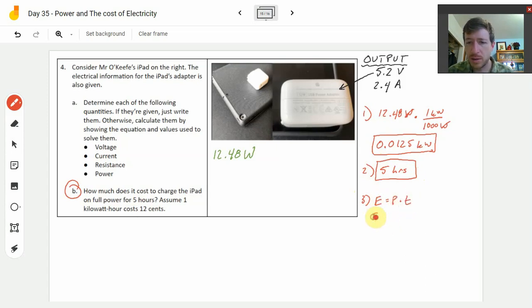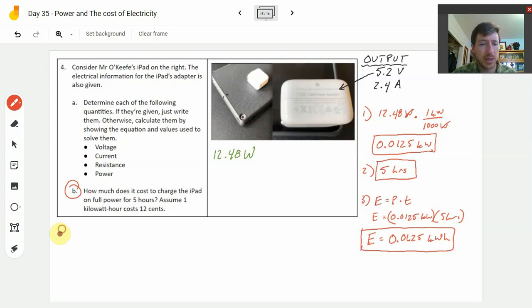So the energy in kilowatt hours is 0.0125 kilowatts times 5 hours. So the energy ends up being 0.0625 kilowatt hours.